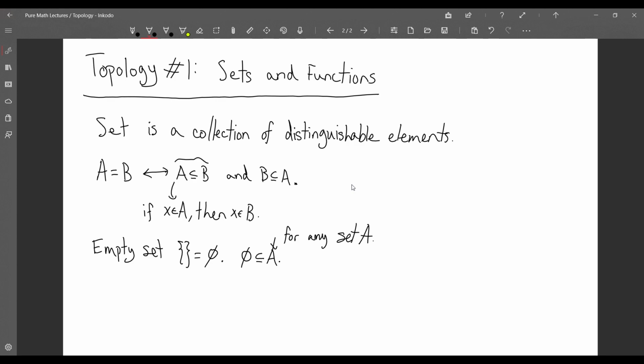If we read it like this, we're saying if X is in the empty set, then X is in A. But the thing is that here we're saying if X is in the empty set, but there is no X in the empty set.